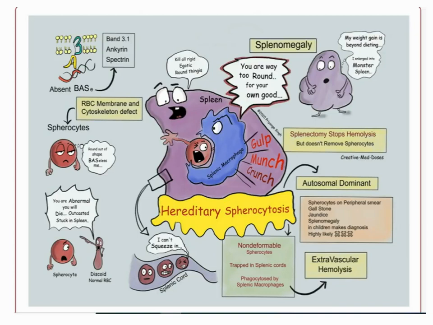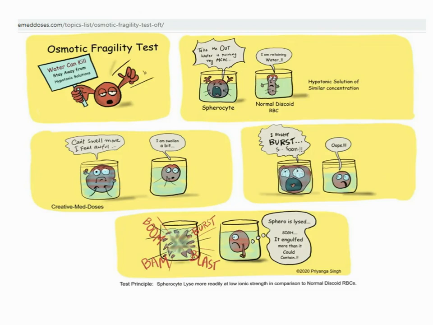One of the tests for spherocytosis is the osmotic fragility test. We see here these spherocytes. Water can kill; they stay away from hypotonic solutions. The osmotic fragility test kills the spherocytes.